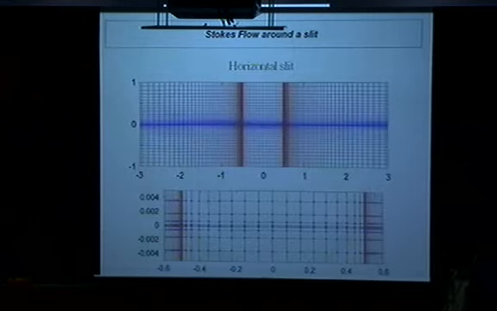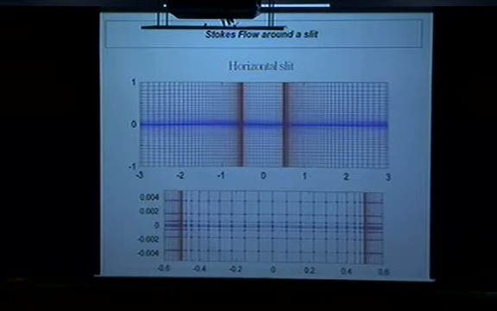Okay, the previous one was a regular flow, but in this case, a singular flow occurs. This is a singular geometry. Can you see the horizontal slit here with length 1, and also the same inflow and outflow like that.